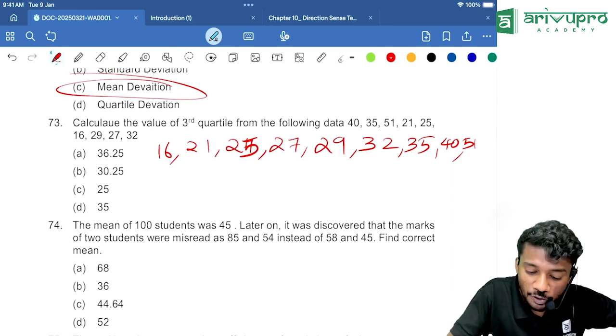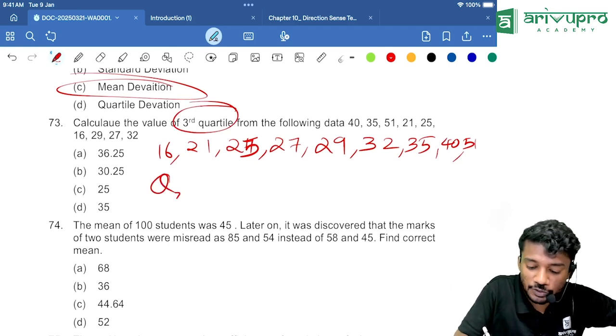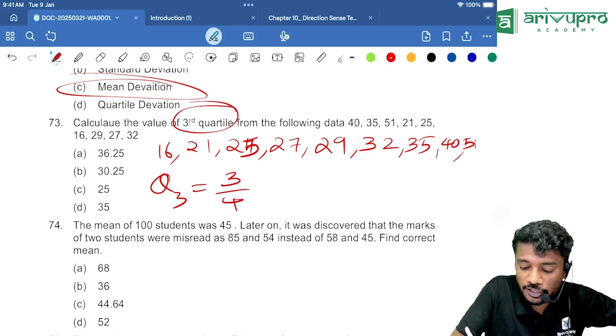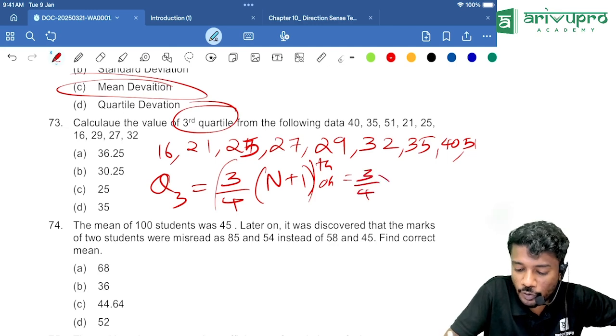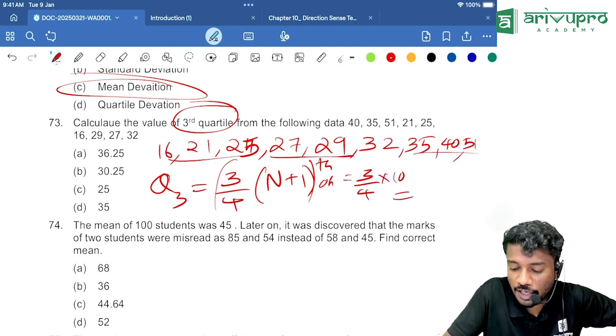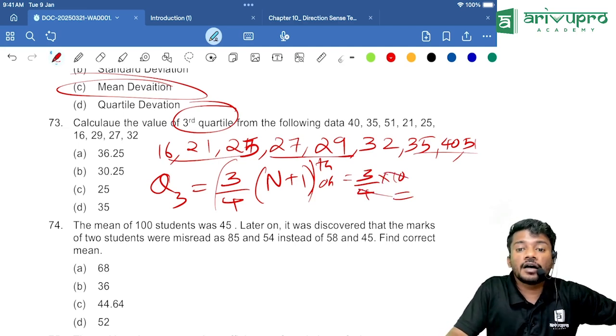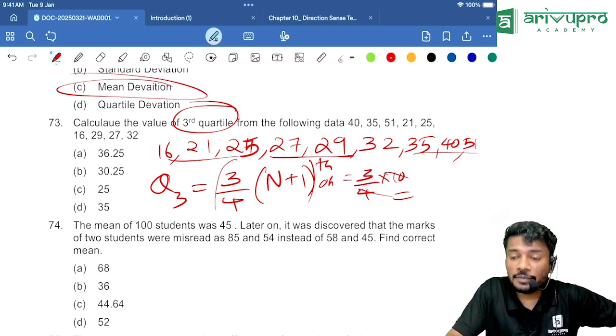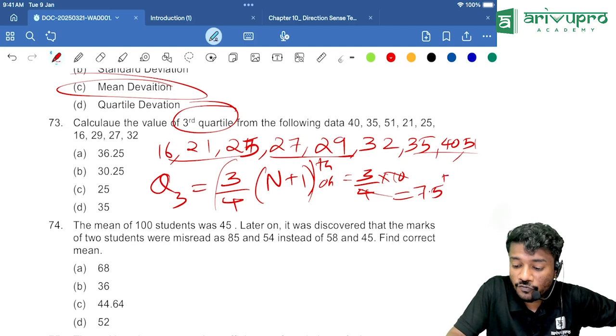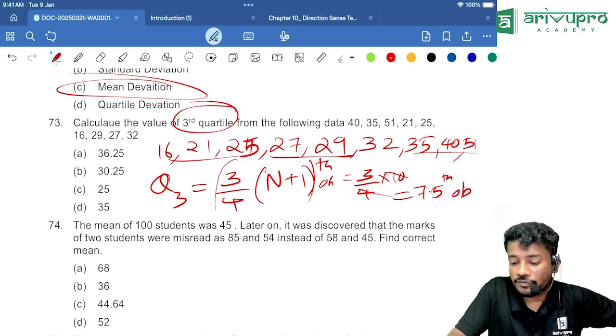They are asking what quartile? Q3 they are asking. Q3 is equal to 3 by 4 into n plus 1th observation. That is 3 by 4 into 10. That means how much? 30 by 4 is 7.5th observation.